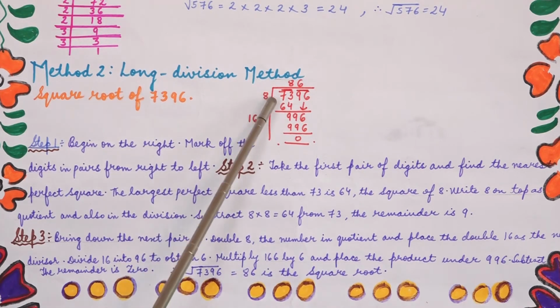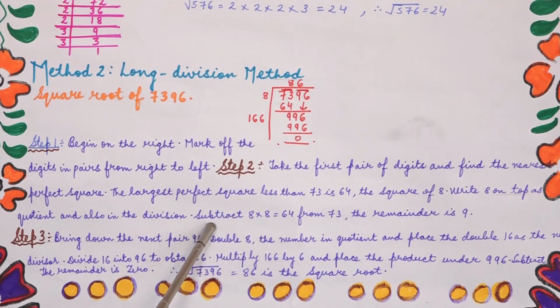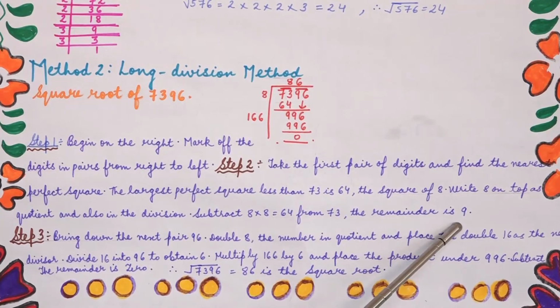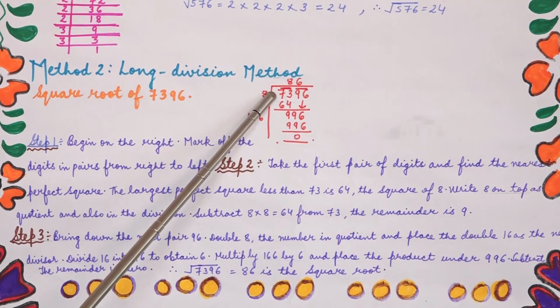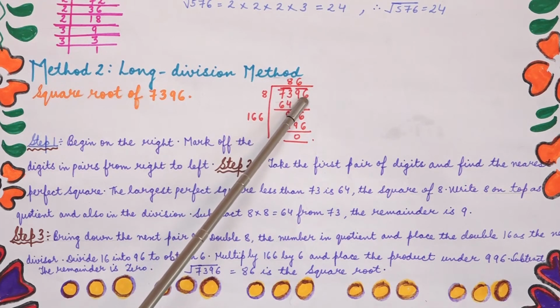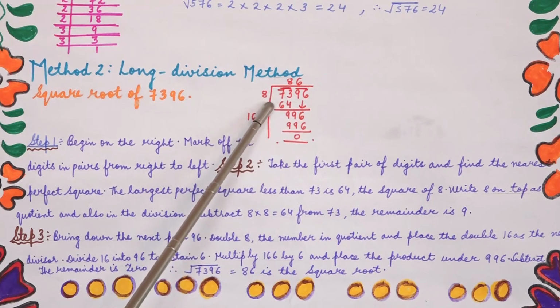So we write 8 multiplied by 8 is equal to 64. Subtract 64 from 73, the remainder is 9. We copy the next pair 96 as it is, and we get 996. We double 8, which is equal to 16.